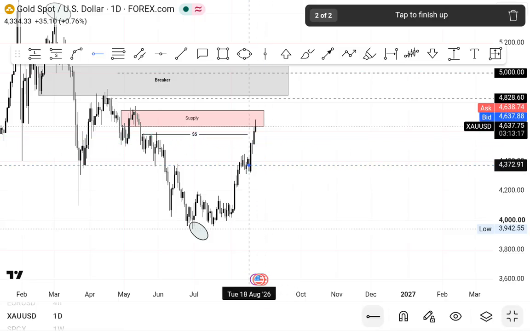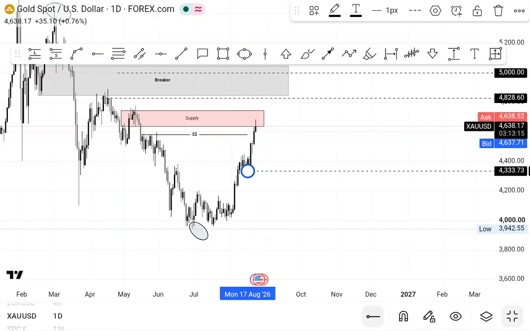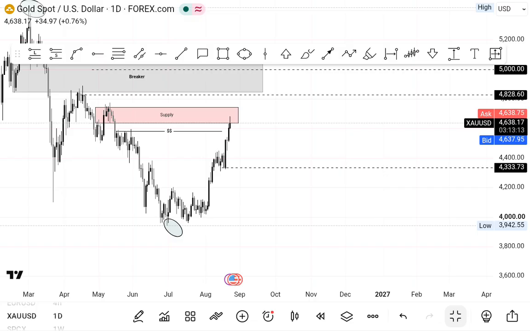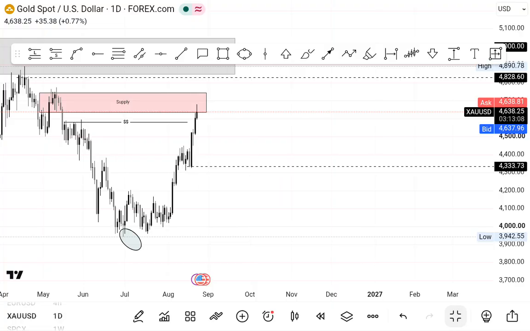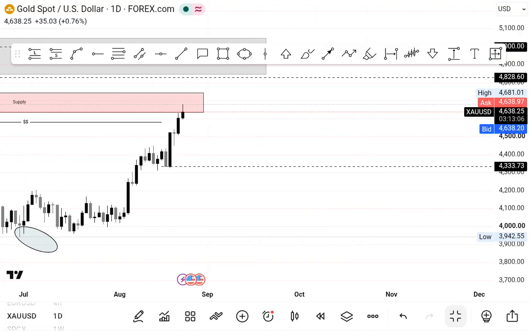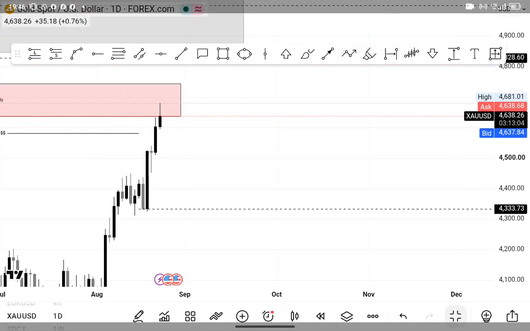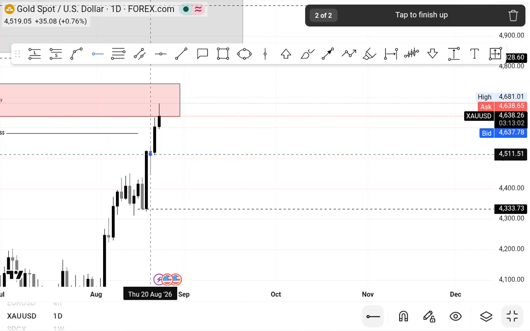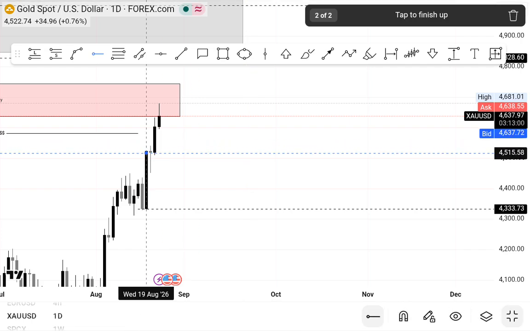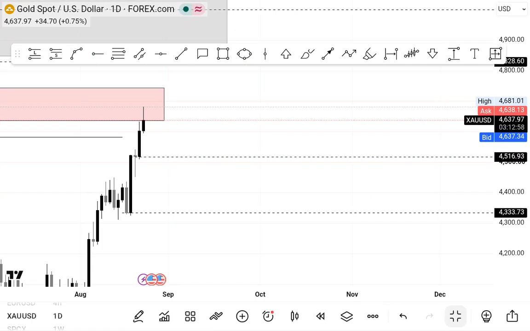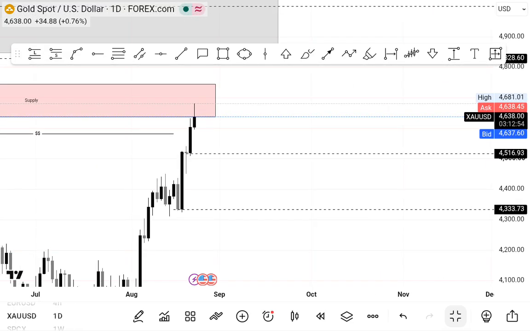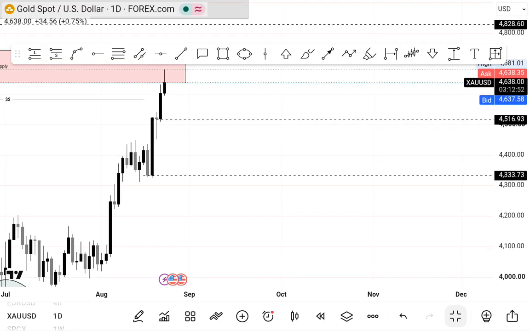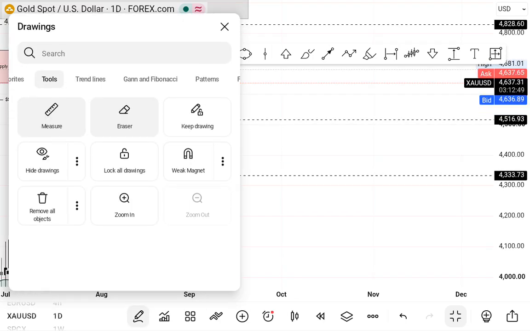Now when they retrace there, our first range is $4,333 here, right? So looking at this range, this is a beautiful range. We also have a mini sub-internal range around here, which is 4,516.